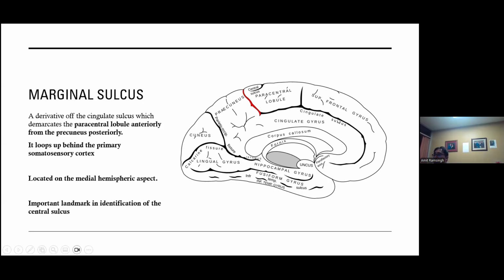So again, it arises off the cingulate sulcus, and it loops up behind the primary somatosensory cortex, like that. So it's in the red. And again, it's most easily visualized on the medial hemispheric aspect. And why is it of importance? It's important in identification or localization of the central sulcus.